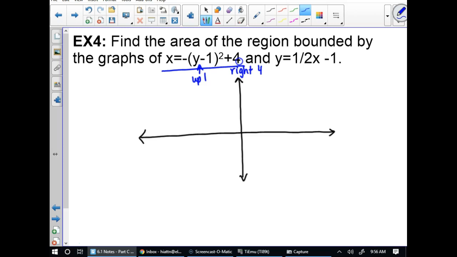And this negative tells us that it's going to open to the left instead of to the right. So if we graph this, it's got to go to the right 4, it's got to go up 1. So right 4, up 1. Your vertex is going to be right here at 4, 1. And then it's going to have that parabola shape open to the left.